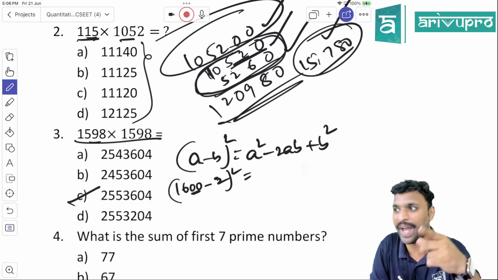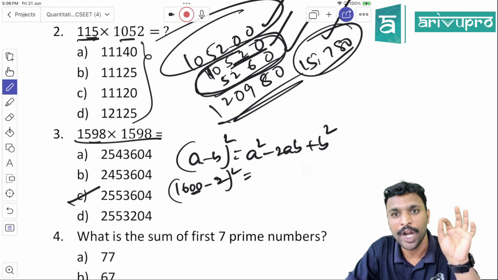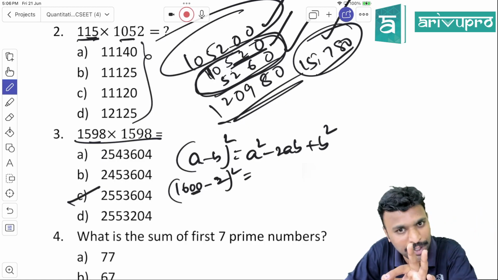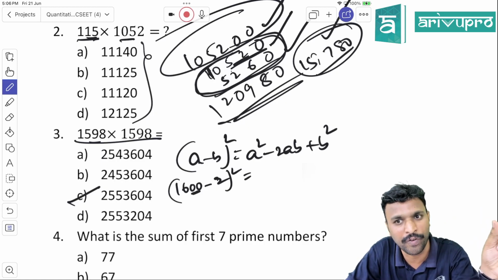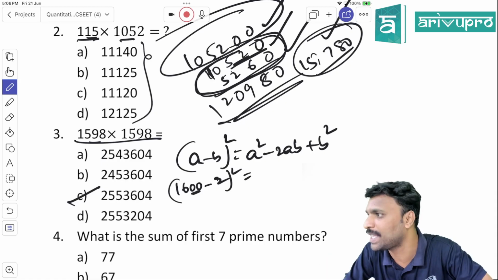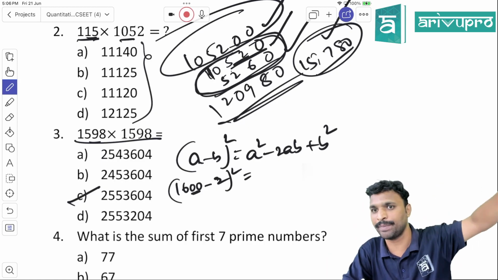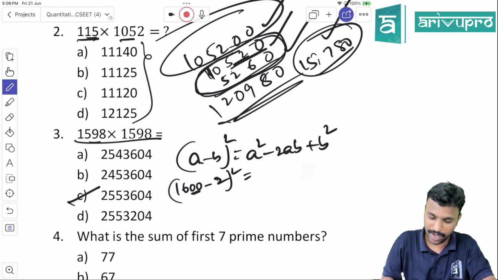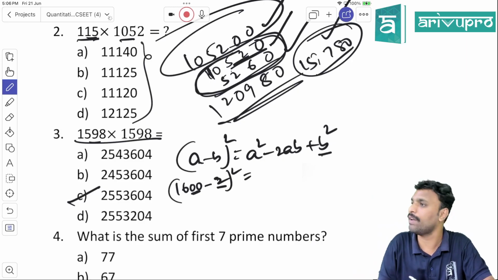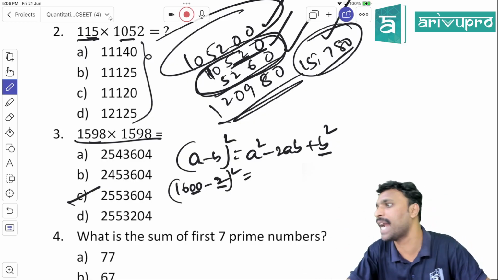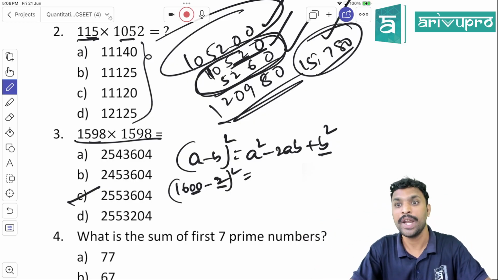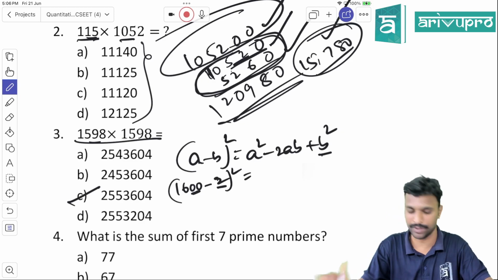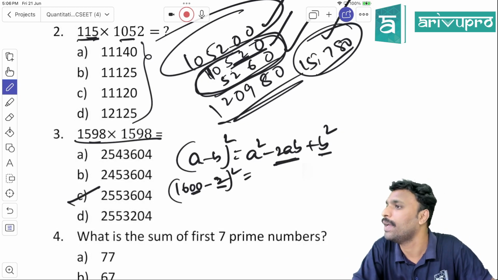If you square the 2 zeros, it will become 4 zeros. 256 followed by 4 zeros: leave out the first two digits 25, and 6 followed by 4 zeros is 60,000. Keep 25 in mind as the first two digits, and 60,000 you have to keep. Now, 2 square is 4, that gets added. Keep that 4 aside. Now what gets subtracted from 60,000 is 2ab. What is a?